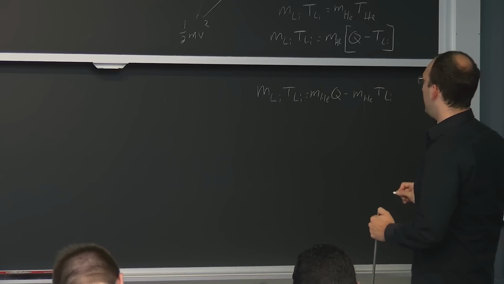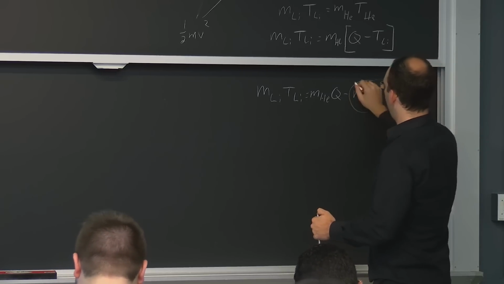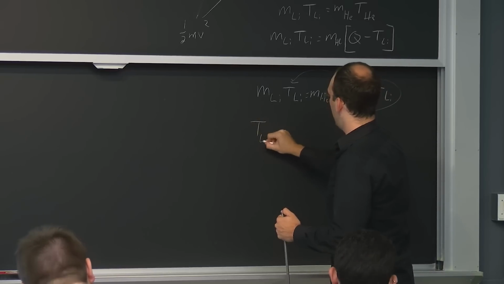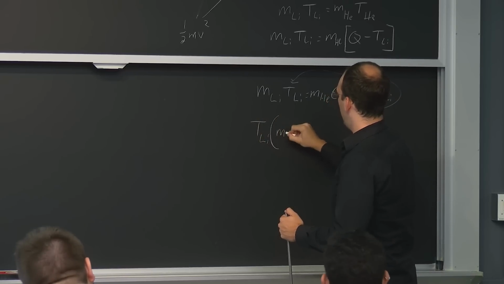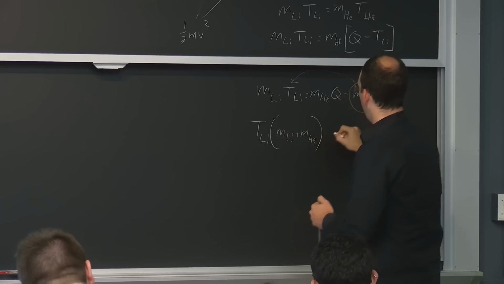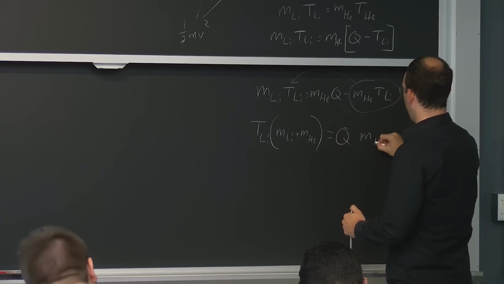And we're solving for T lithium, so we can put this term over on the other side. So let's say T lithium times the mass of lithium plus the mass of helium equals Q times the mass of helium.